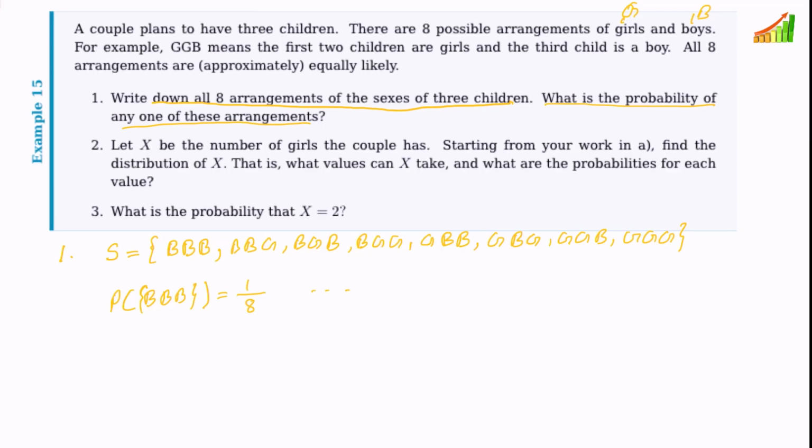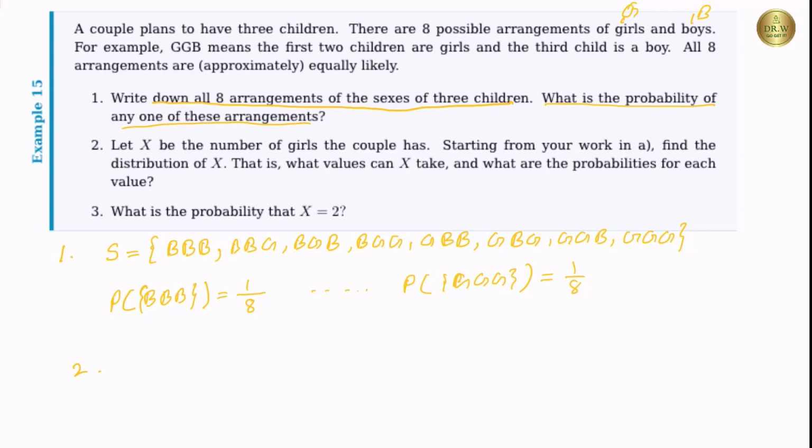Similarly, if you write the probabilities for all the elements, each of them is 1/8. So we can say these outcomes are equally likely. I explained equally likely in one of my previous videos under chapter 12.